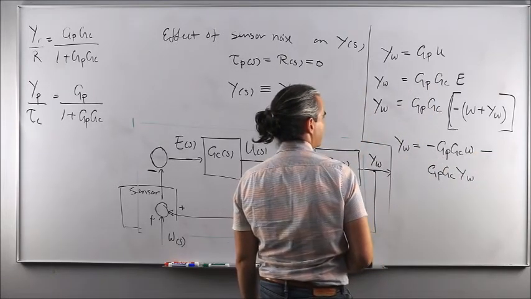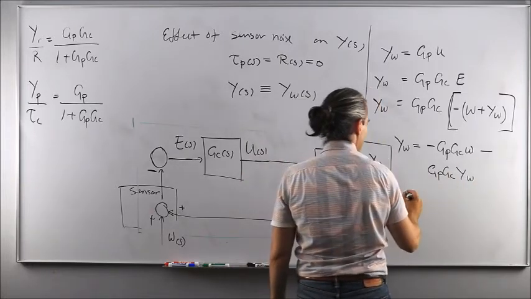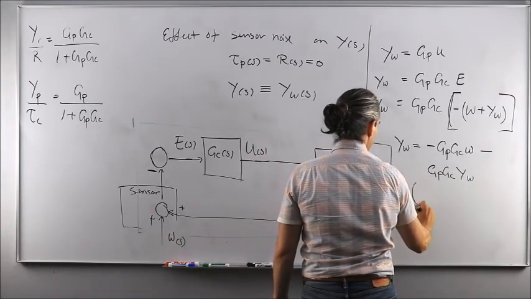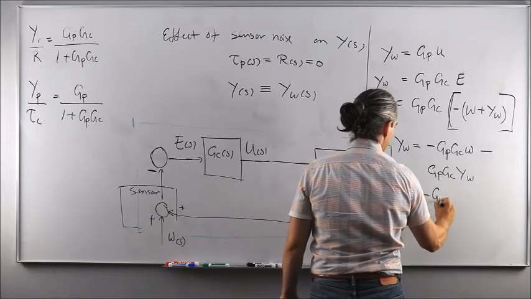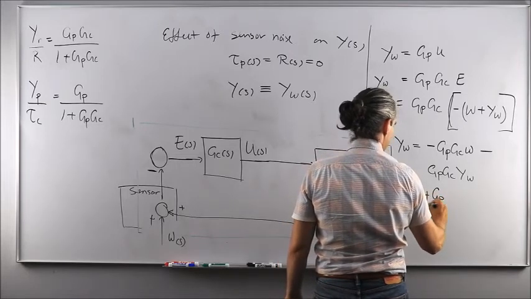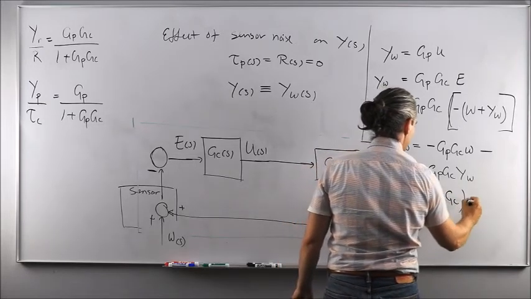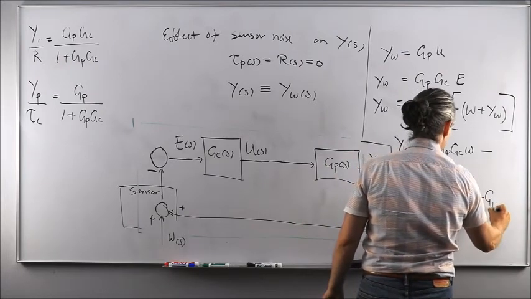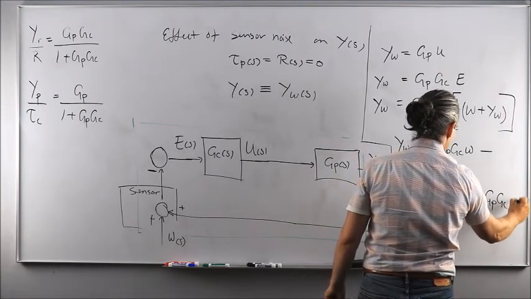Okay. I can flip this on the other side and write YW multiplies 1 plus GP GC will be equal to minus GP GC W.